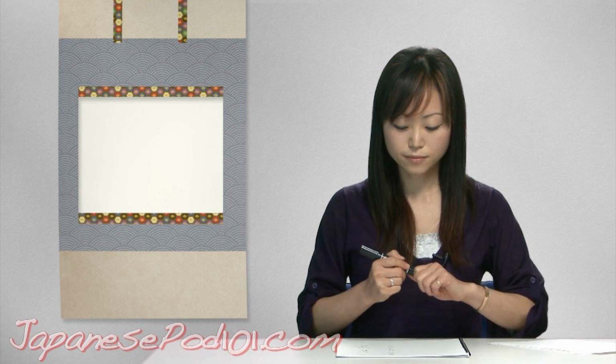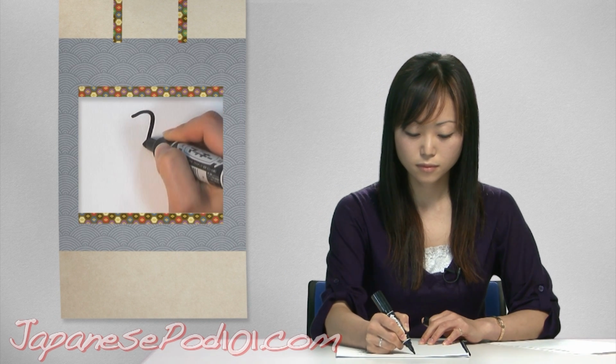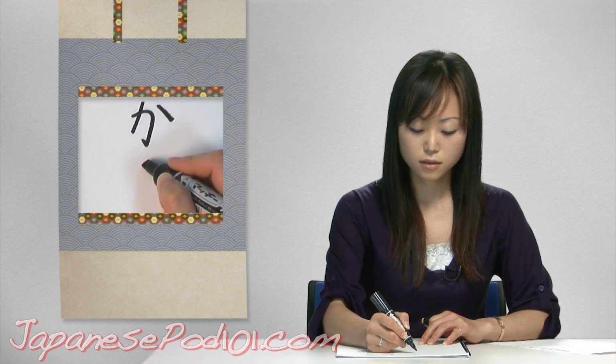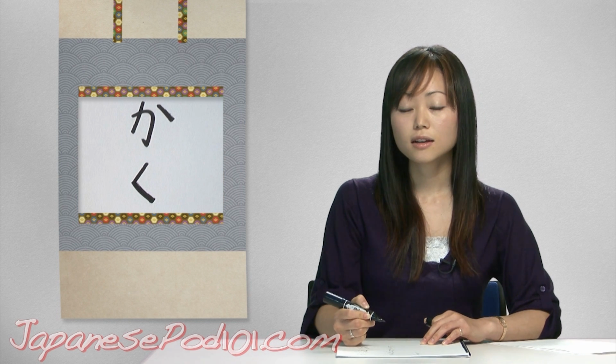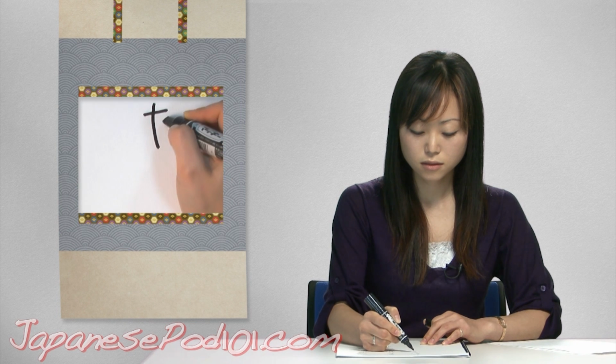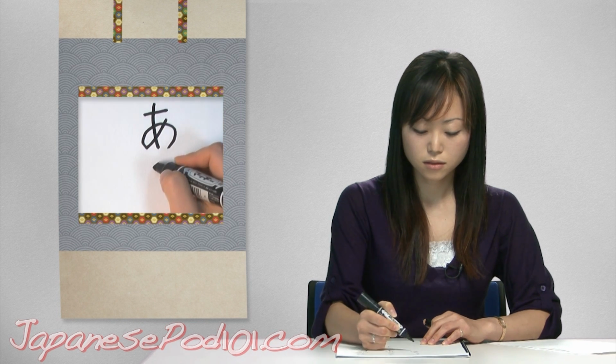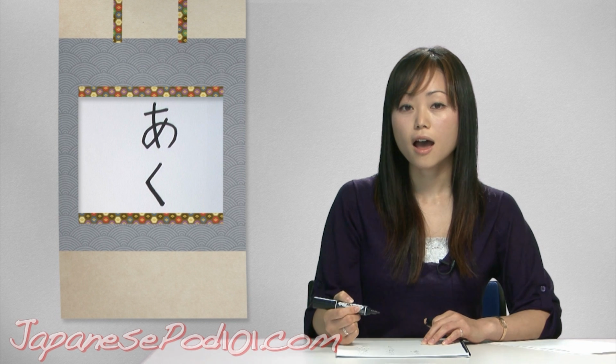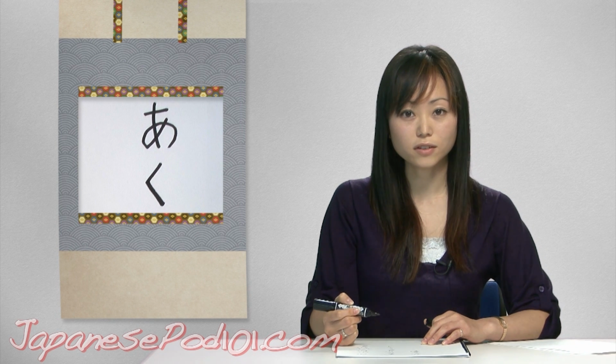Now you know the word for to write. Kaku and aku, or evil. Our 4th character today is ke.